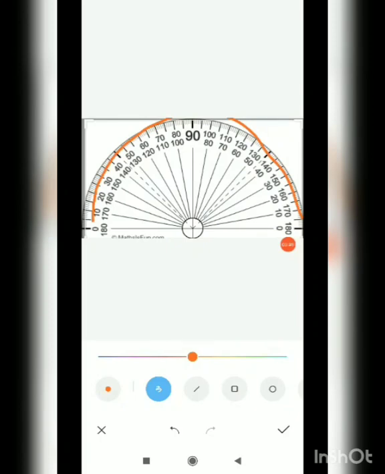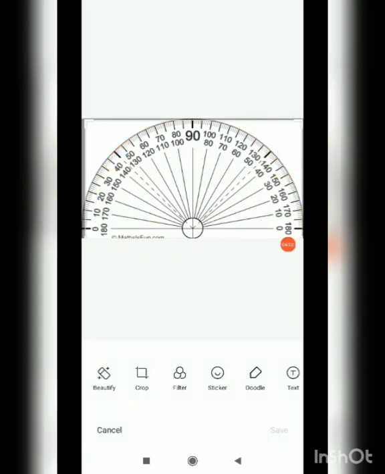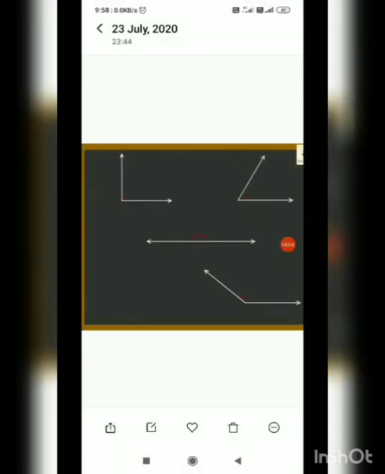The inner side also has the same marking, 0, 10, 20, 30, 40, like this, and it also ends at 180 degrees. So one is starting from left to right, the second one is starting from right to left. Now which reading we have to take during measurement of an angle? We will discuss all these points. Clear? So this was our protractor.